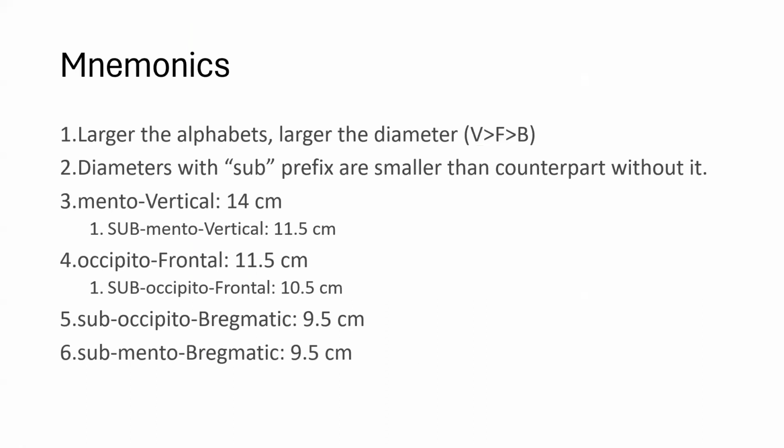Another mnemonic to remember this: the larger the alphabets, the larger the diameters. Diameters with the sub prefix are smaller than the counterpart without it. So mentovertical is the largest one, 14 centimeter. Submentovertical is smaller, 11.5.